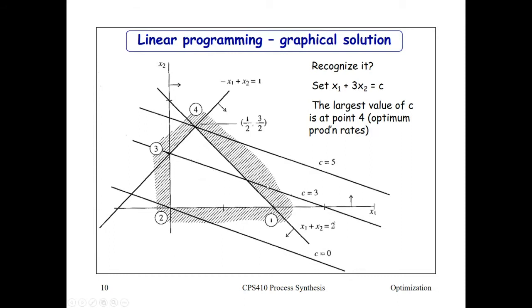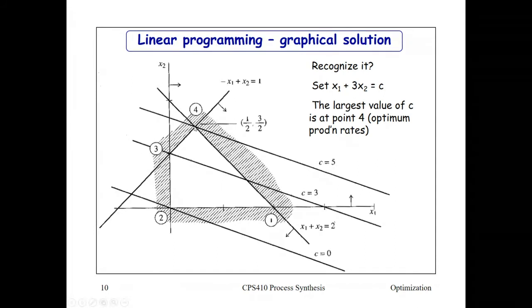And along these lines, the sheet of paper is level. So obviously, if this line is the highest part of that sheet of paper, number 4 would give the maximum profit, because this objective function is defined as profit.